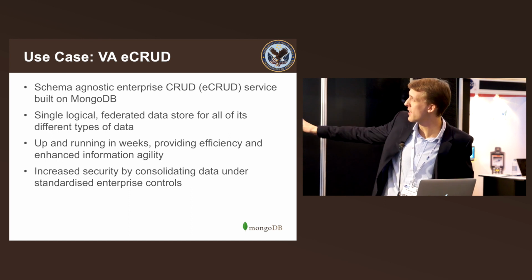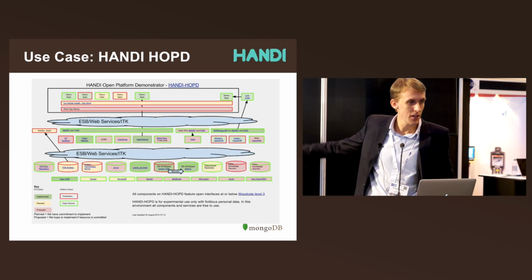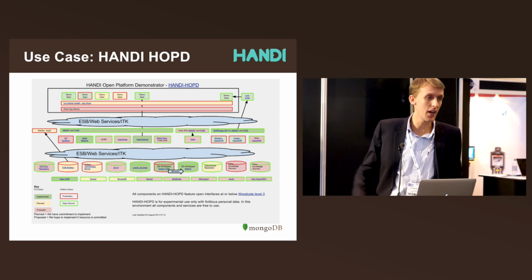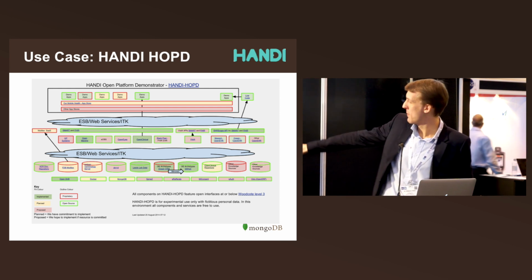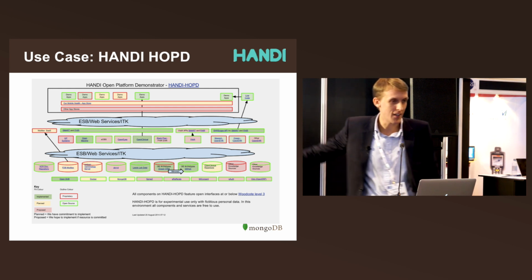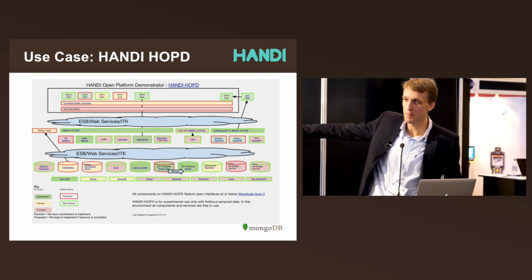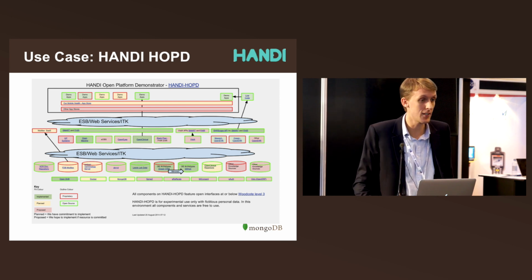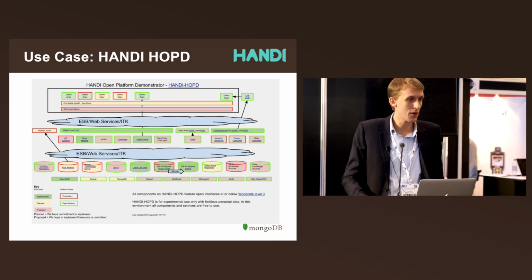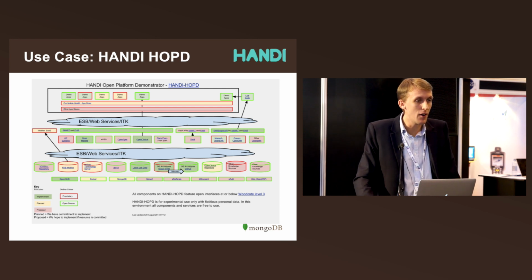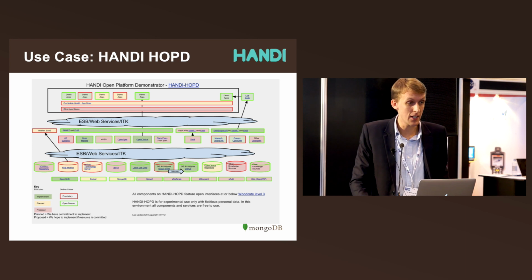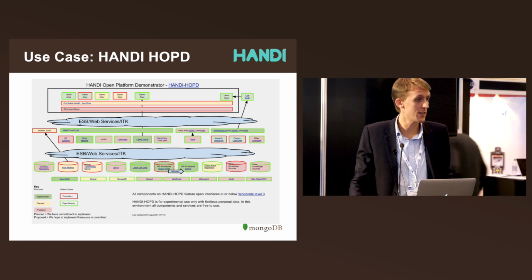So we've got the VA using MongoDB. We're also being used as part of the HSPC Handy Hop, and if you're interested, the Handy is over here. We're going to be at the bottom part of it, maybe the less sexy part, but we are the data store which sits under a FHIR server. FHIR and SMART are open standards that are evolving and being adopted, and MongoDB is a really good fit, certainly for FHIR, which uses both JSON and XML.